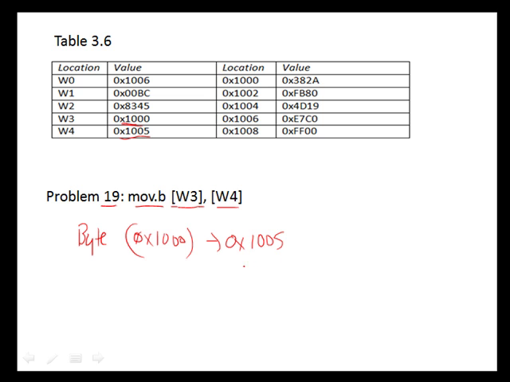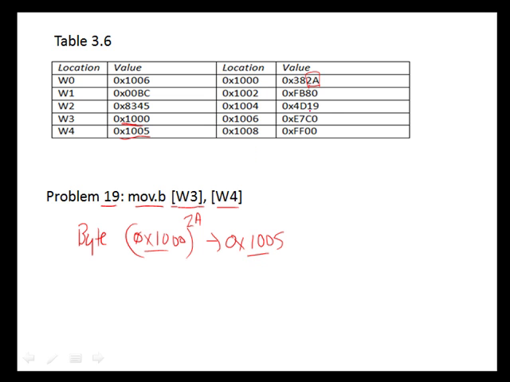So let's go ahead and figure out what these values are. Let's find the byte stored at location 1000. Well, taking a look at location 1000, we see that the byte stored at location 1000 is 2A. So this is going to say take 2A, and we need to write that to 1005. Well, where's 1005?